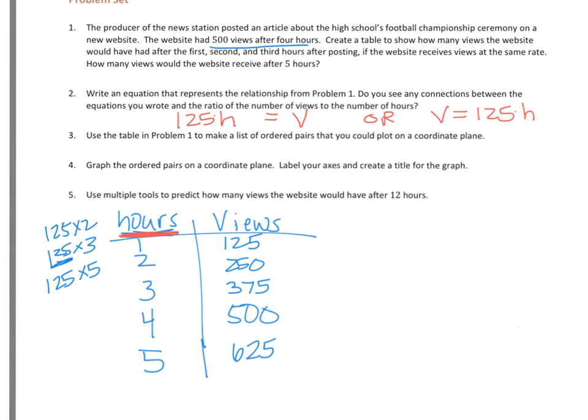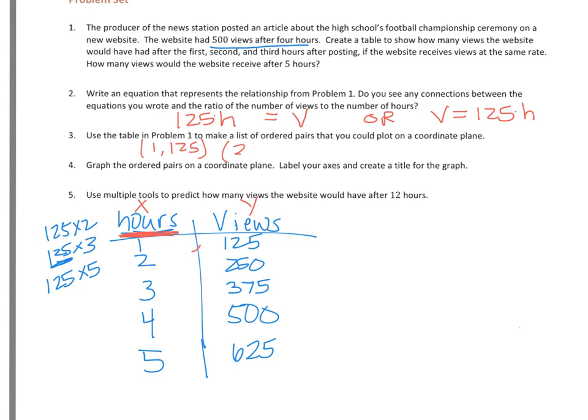So 3 says, use the table in problem 1 to make a list of ordered pairs that you could plot on a coordinate plane. I'm going to put the ordered pairs right up here in number 3, and this will be my X, hours, and views is going to be my Y. So my first ordered pair is (1, 125). And I'm going to put it in parentheses. So that's my first.